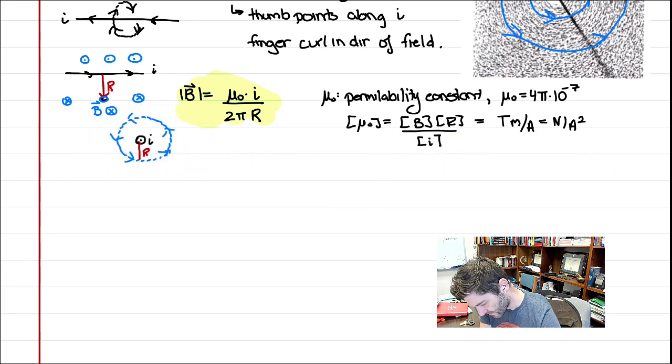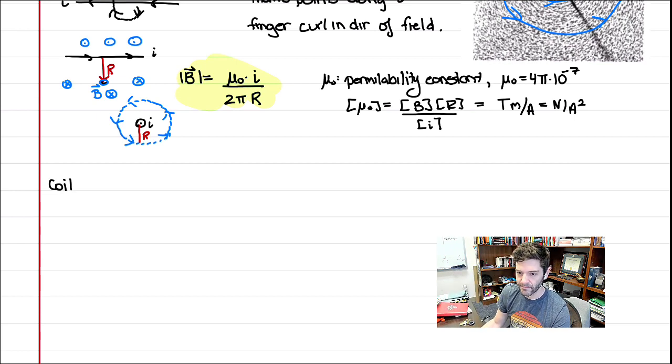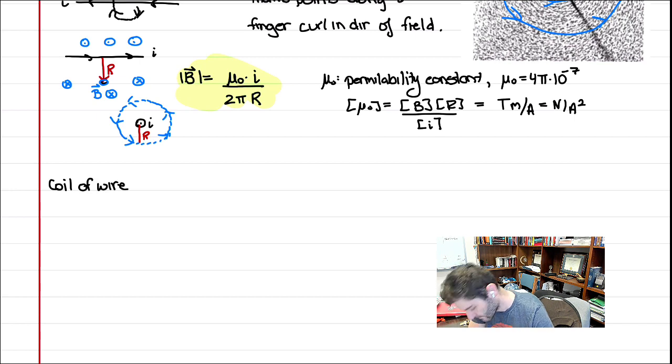So the other example is that of a coil, a coil of wire. In this case, this might be a wire that loops around once, or might loop around multiple times, and then there's a current flowing through that coil.